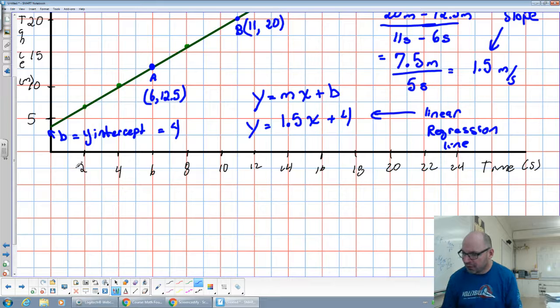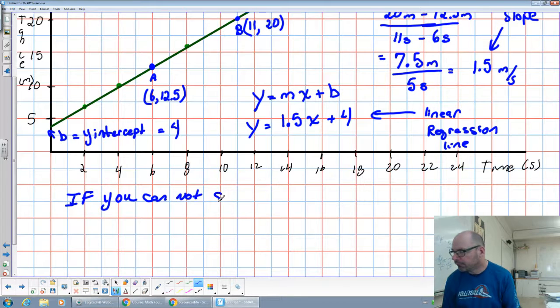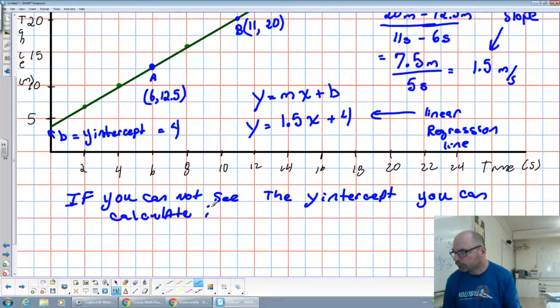Okay, alternatively, if you can't see the y-intercept, you can calculate it. Okay, so choose a point on the line.